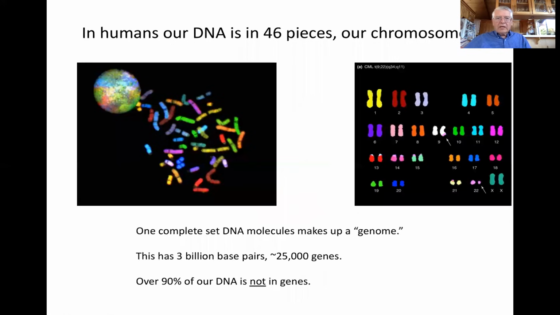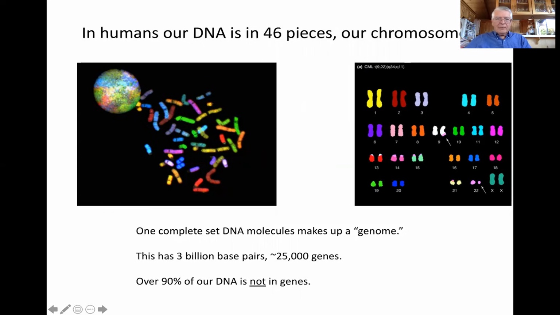Now, in humans, when our cells are replicating, then we can see all of our DNA as chromosomes. And every human cell has 23 different kinds of chromosomes. And we get a set of 23 from our mother and a set of 23 from our father, giving us 46 altogether.